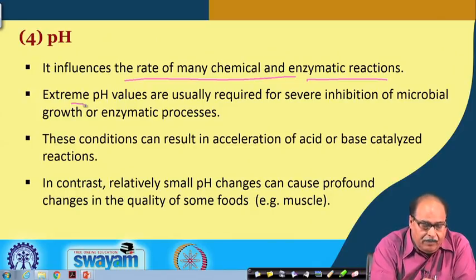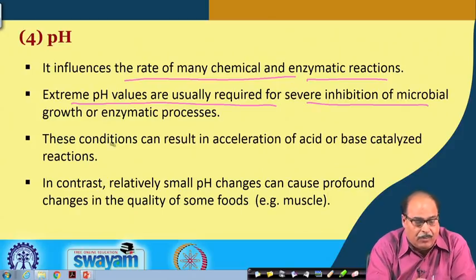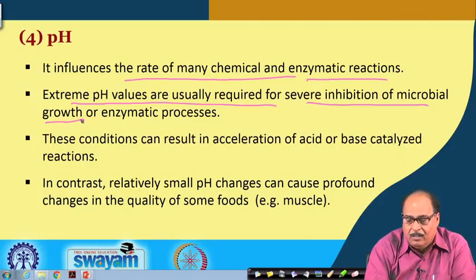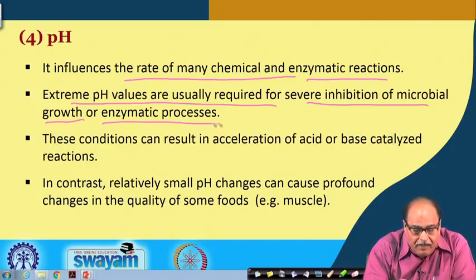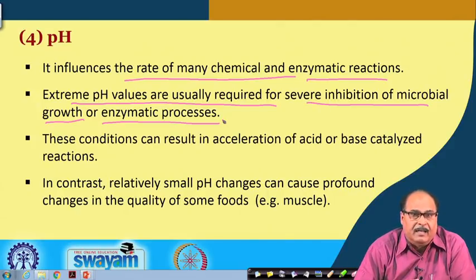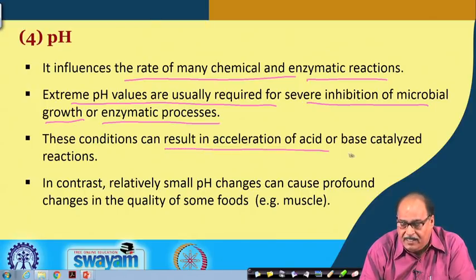Even extreme pH values are usually required for severe inhibition of microorganisms, or of the growth of microorganisms, or of enzymatic reactions. The rates of the enzymatic reactions are all influenced by changes in pH. The pH of the material may result in the acceleration of acid or base catalyzed reactions.